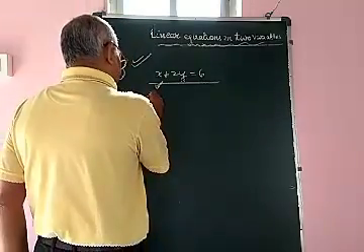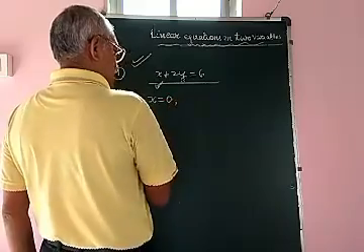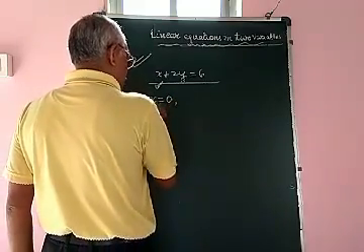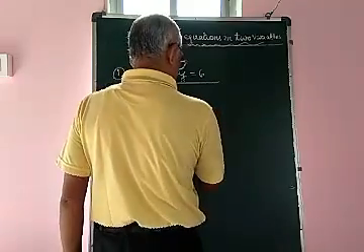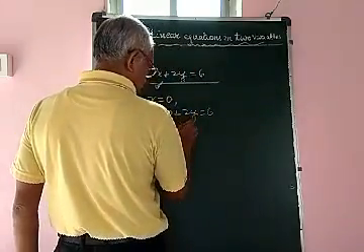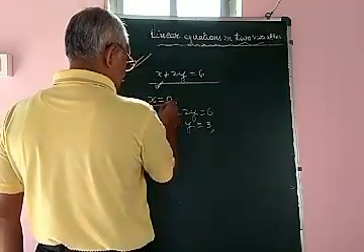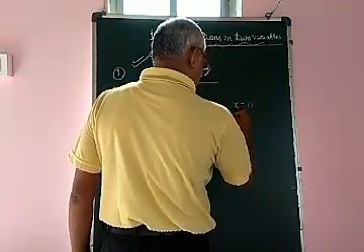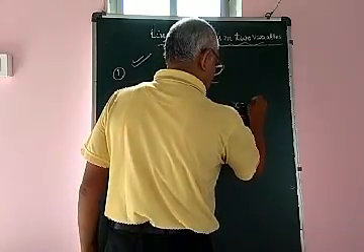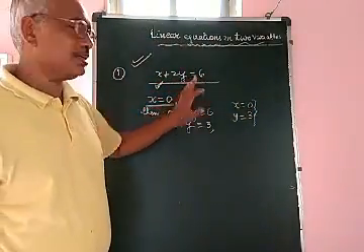So here we take x is equal to 0, then the given equation can be written as 2y is equal to 6. Therefore, y is equal to 3. So x is equal to 0 and y is equal to 3 is a solution of this equation.